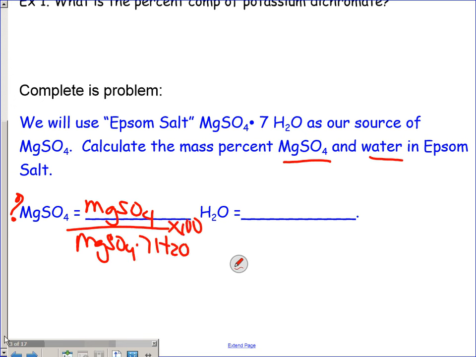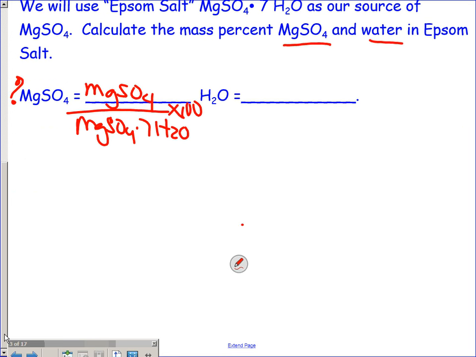Get your calculator, get your periodic table. Let's go. I'm doing your part of your pre-lab with you, so I think it's good for us to do this together. If you don't have a calculator, there are blue calculators over in the corner. Alvin, I think I have something better though. Unless they're all dead. Here. Anybody else need to borrow a calculator? That one's dead. Oh my gosh, batteries. Okay. Just make sure you know these are loaners.